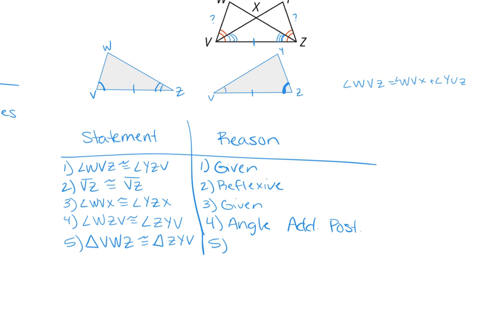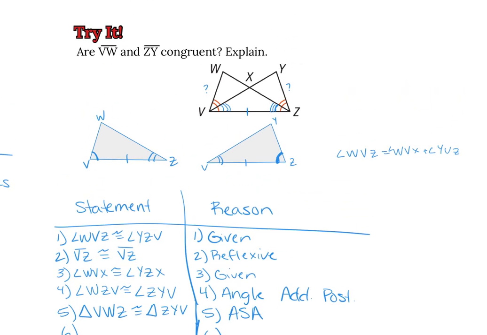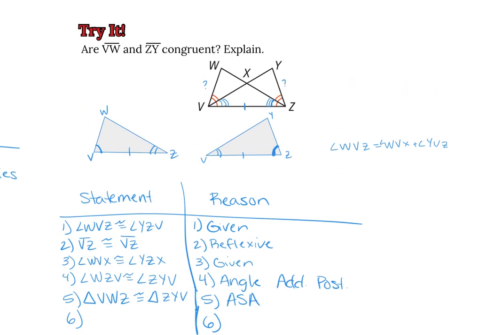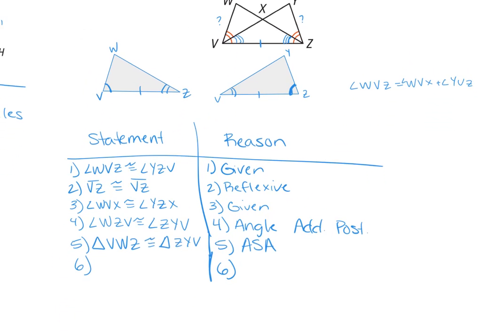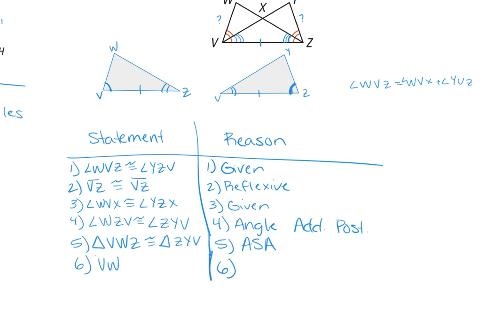I didn't mark it on here because now I have angle, side, angle. Finally, they wanted me to prove VW is congruent to ZY. And I can do that through corresponding parts of congruent triangles are congruent.